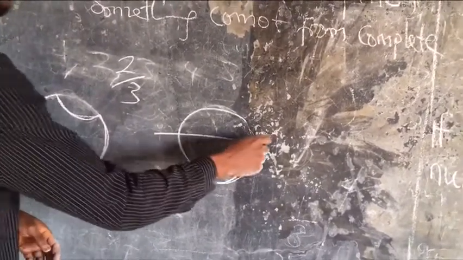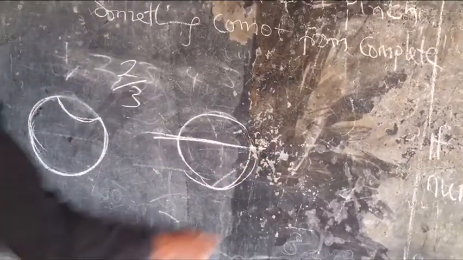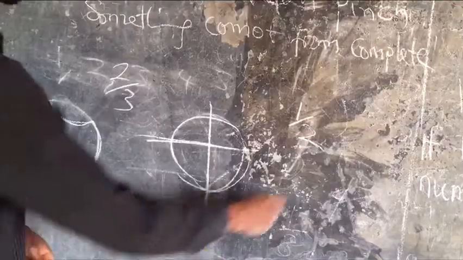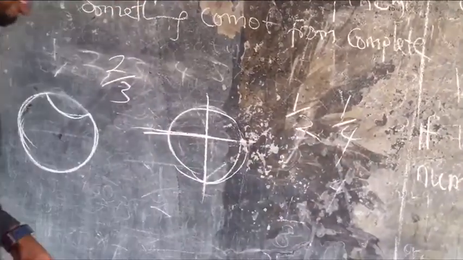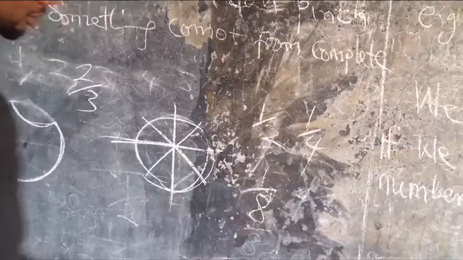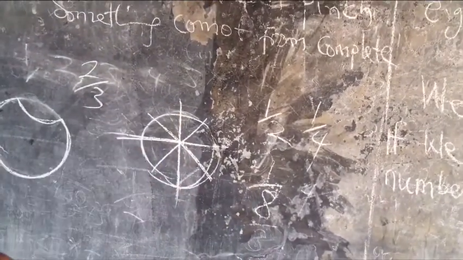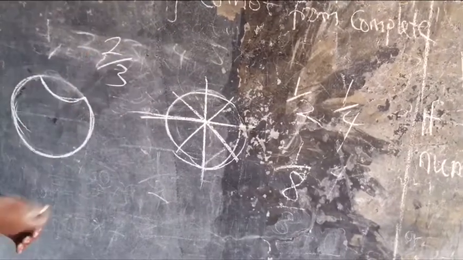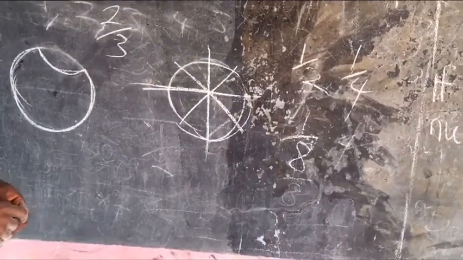Example, if you carry orange cut am into 2 now, you don divide am by 2. If you cut am like this, you don divide am by 4. If you cut am like this and like this, you don divide am by 8. So if you cut am, you dey divide am. So anytime when you pinch something comot from complete, you don divide am by some number.